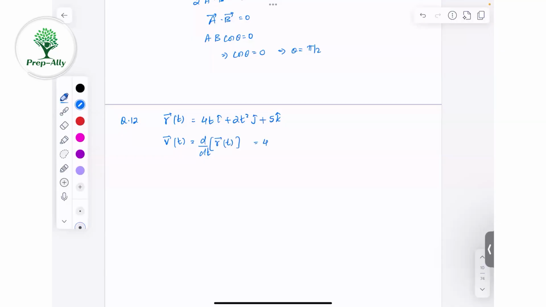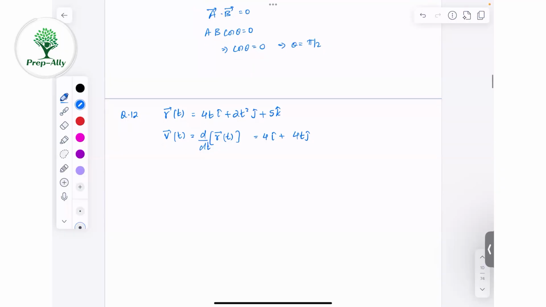That gives us 4 i cap plus 4t j cap. Since the k component in the z-axis is constant, there is no component in the velocity vector. So now, what is the velocity at t equal to 1 second? Velocity vector is 4 i cap plus 4 j cap.